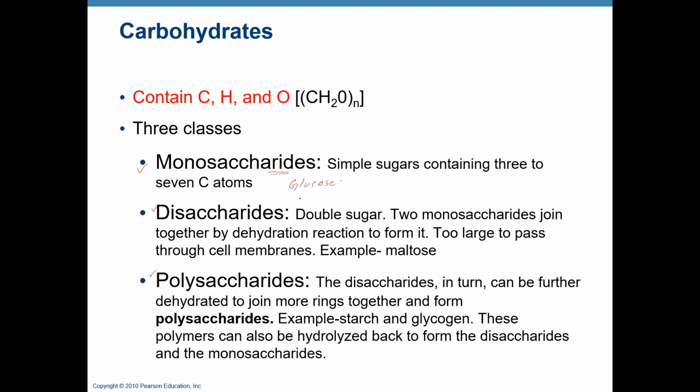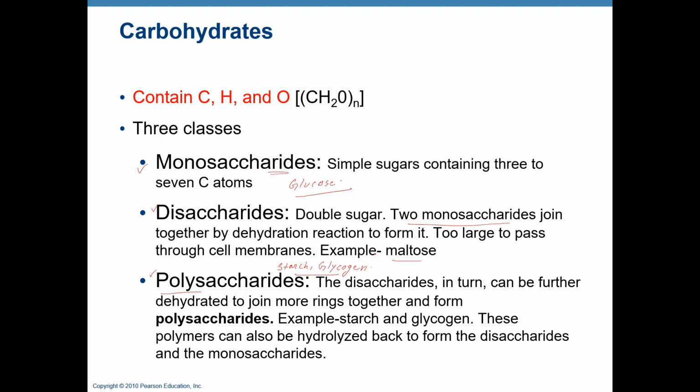Disaccharides, such as maltose, are two monosaccharides joined together. Polysaccharides are the most complex and largest. Examples: starch and glycogen.